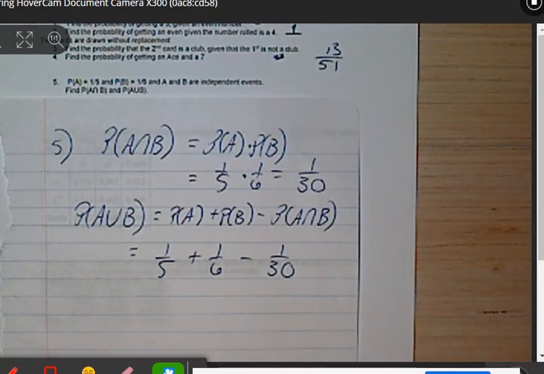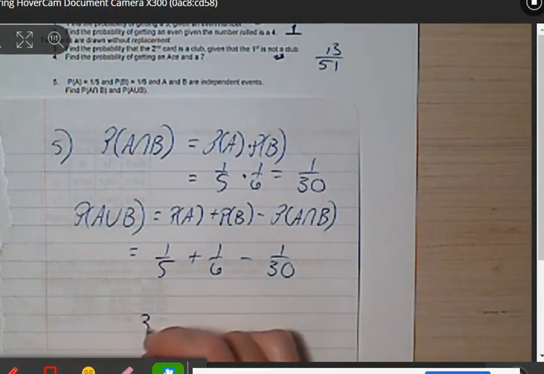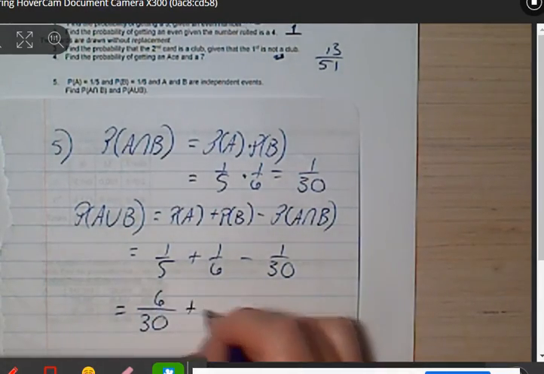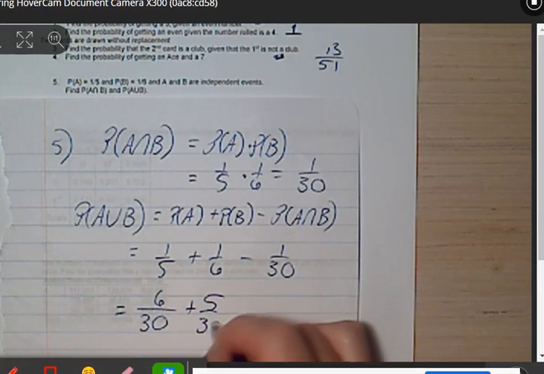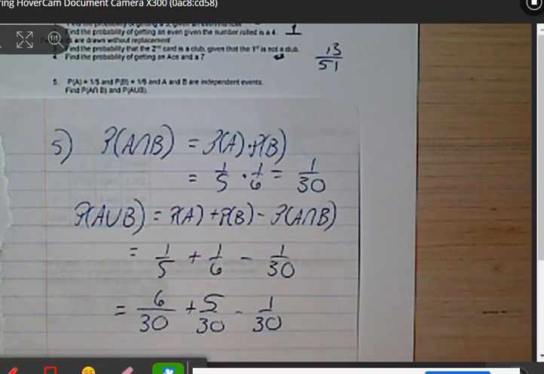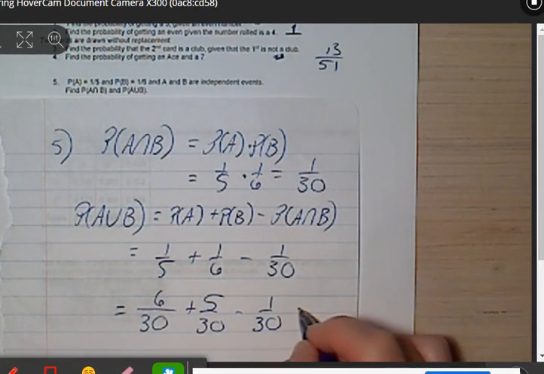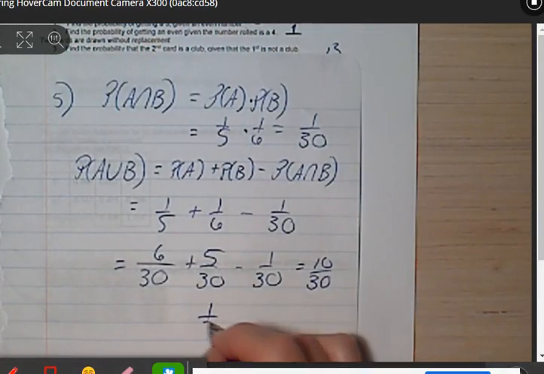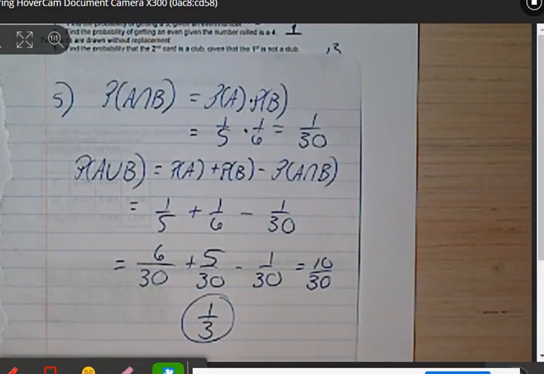Getting common denominators on all those would be 30. So rewriting this one would be 6 out of 30, this would be 5 out of 30, and of course that'll stay the 1 out of 30. 6 plus 5 is 11, minus 1 is 10 out of 30. And putting it in simplest form, that puts you at 1/3.